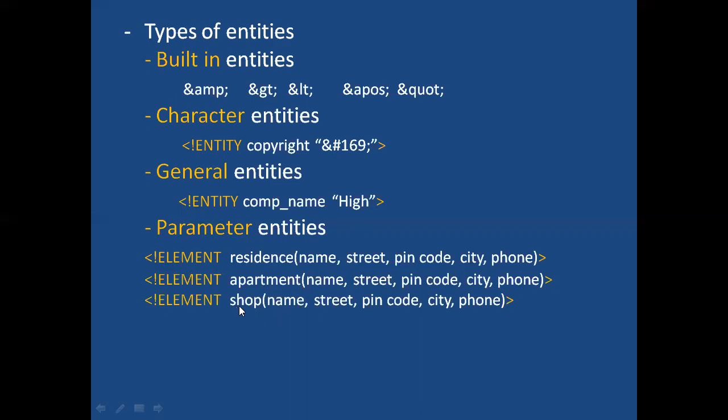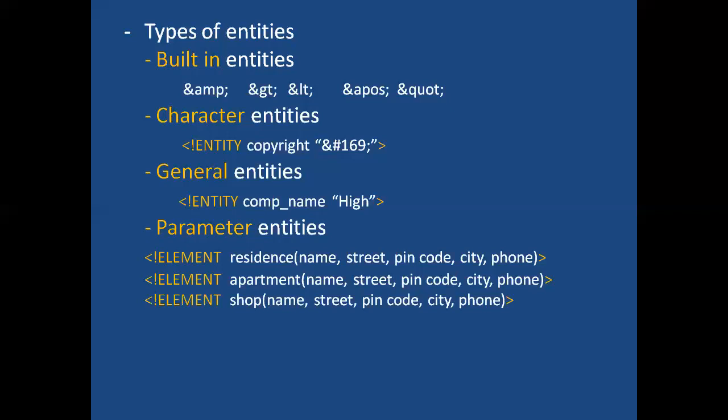Again, the shop element also has the same elements. Right now, suppose you want to add an additional element, country, then you need to add it to all 4 declarations. Hence, we can go for a parameter entity reference.